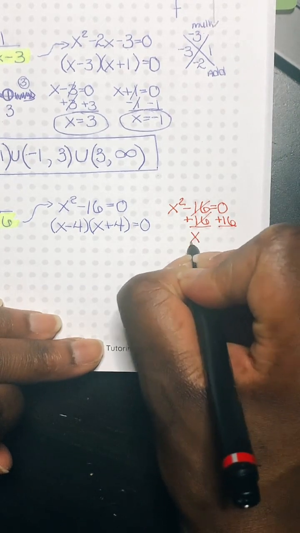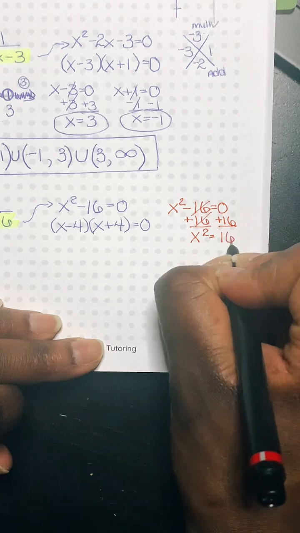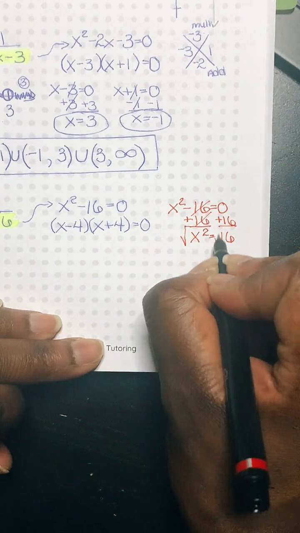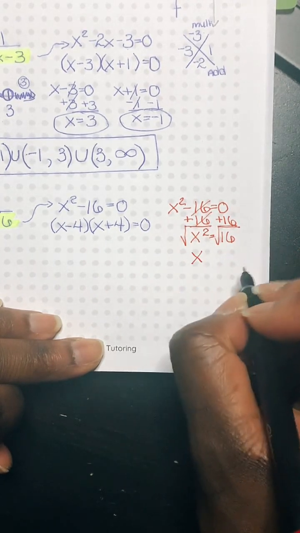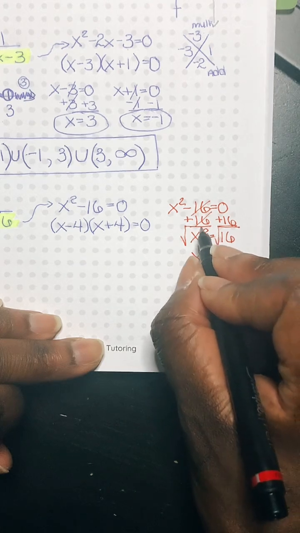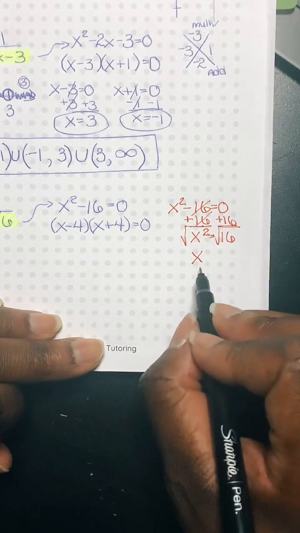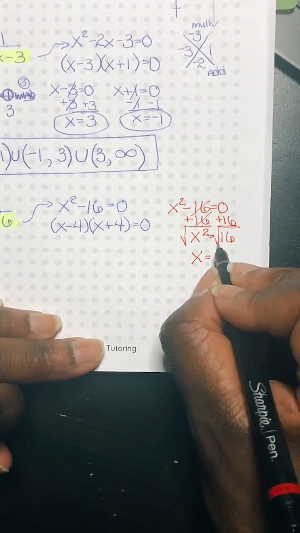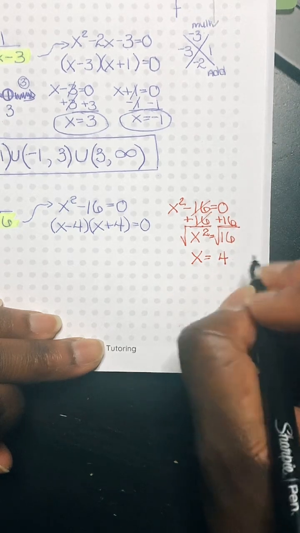Then I can bring down my x squared is equal to 16. So now I would have to do the square root. Okay? So if I do the square root, square and square roots, they're opposites or inverses of each other. That's how I got x by itself. And we know the square root of 16 is 4.